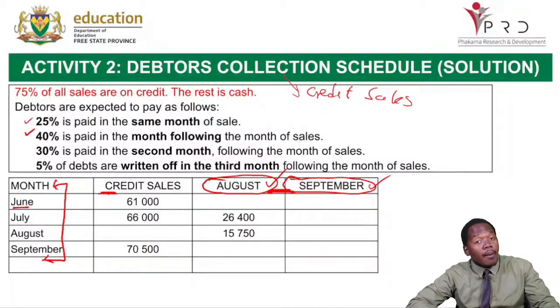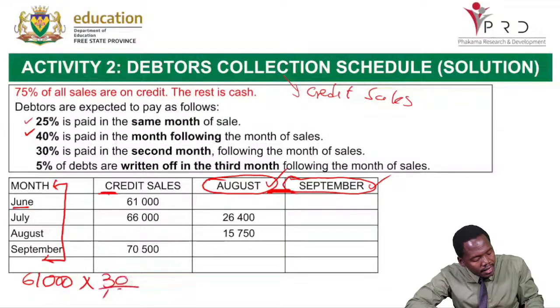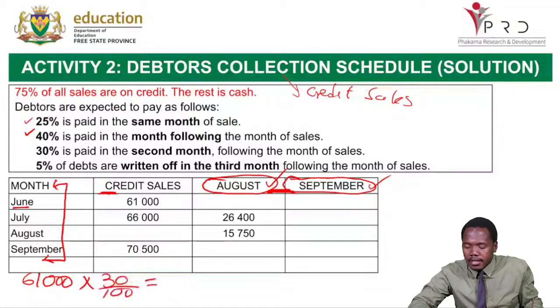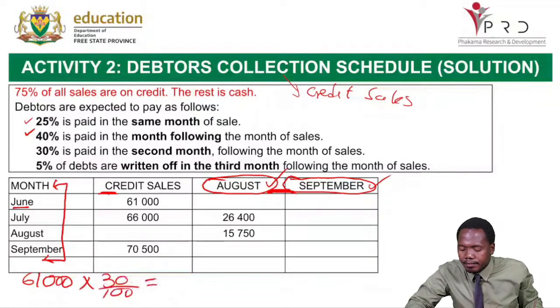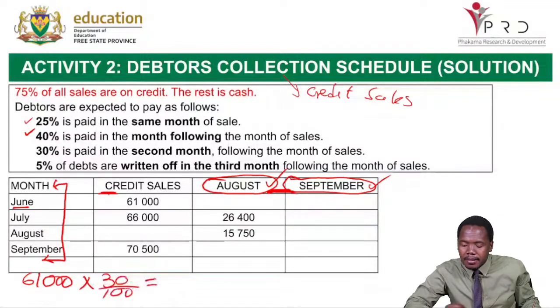After collecting in July, what is the month after July? That will be August. How do I do this now? We take 61,000 multiplied by 30 over 100. And then let us see how much we get. Let us calculate together. 61,000, which is our credit sales, multiplied by 30%.